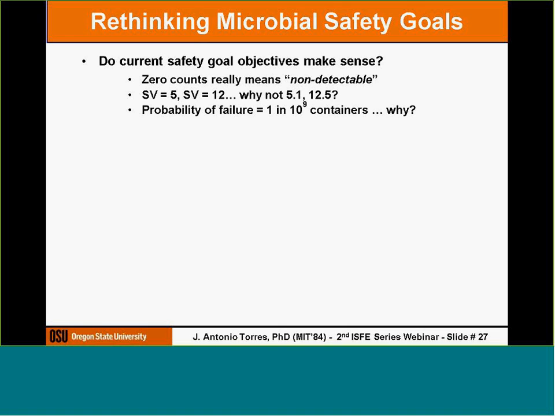So the decision of whether SD is equal to 5 or 5.1 or 4.8 has consequences.